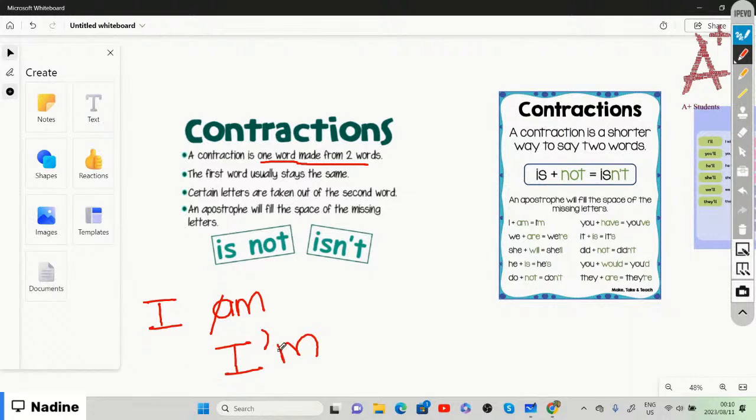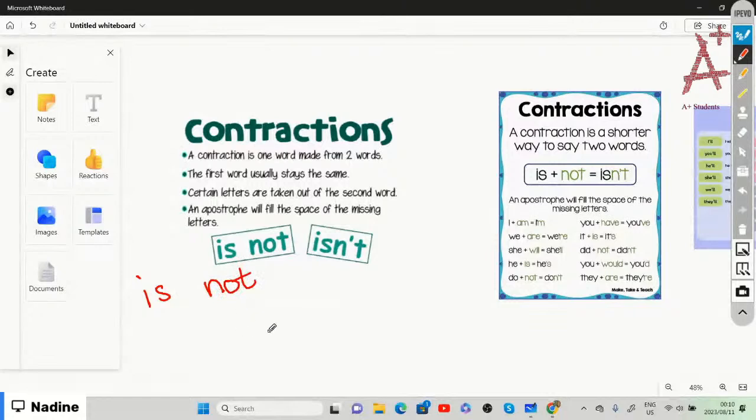And they say that the first word usually stays the same, so I will stay there. But now we start taking out letters from the second word. Let's look at is not. Here we have an example. They said that the first word usually stays the same, so is.